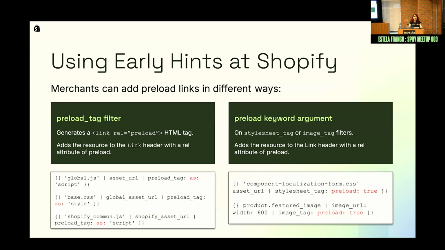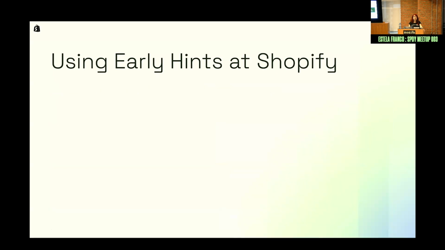So here's an example of using the style sheet tag and the image tag with the preload true argument. It's important to notice that you can't preload everything, because if not, it will blow everything. So you can add up to 10 different resources.